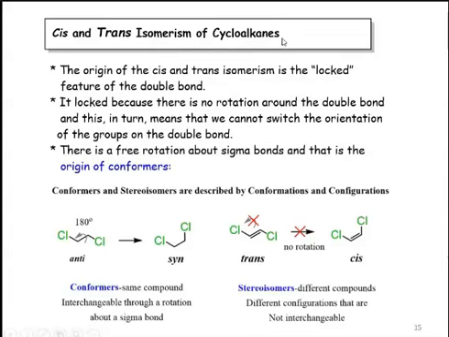Now, as we have discussed earlier, alkanes have sp3 hybridization. However, when we talk about cycloalkanes, let us talk about cyclohexane or cyclopropane or cyclobutane. When we talk about structures like cycloalkanes, what happens?